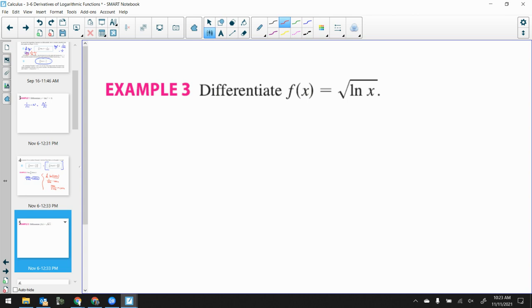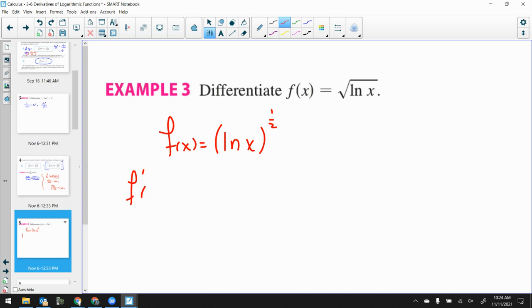So now, let's take the square root of ln of x. We had a function within the natural log, and now let's put a function on natural log. Let's take the square root of ln of x. So remember that is just quite simply ln of x to the 1/2 power, right? Always turn radicals into rational exponents. And now we find the derivative.